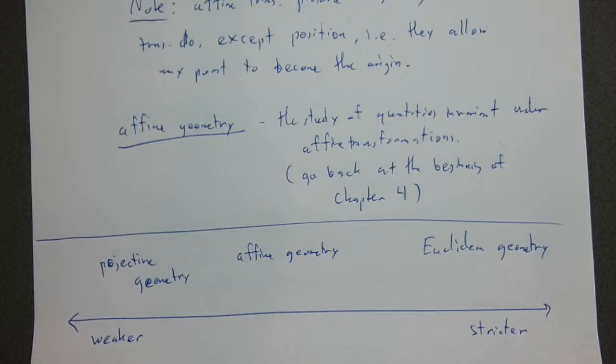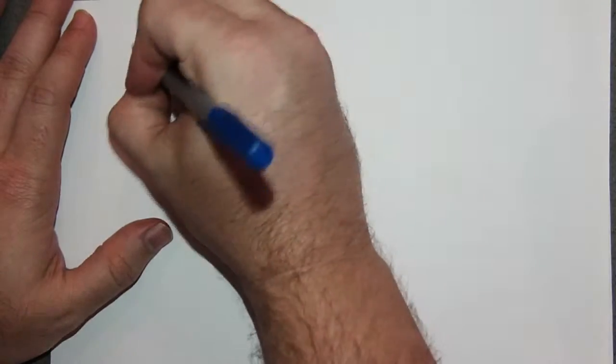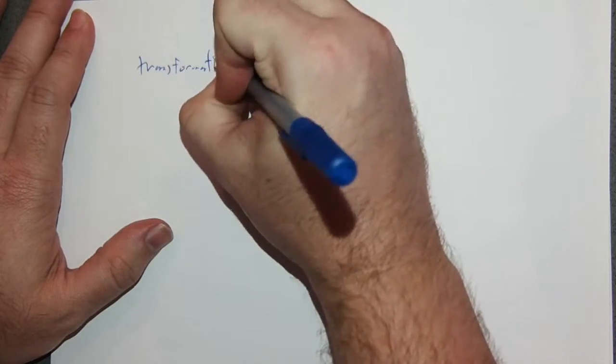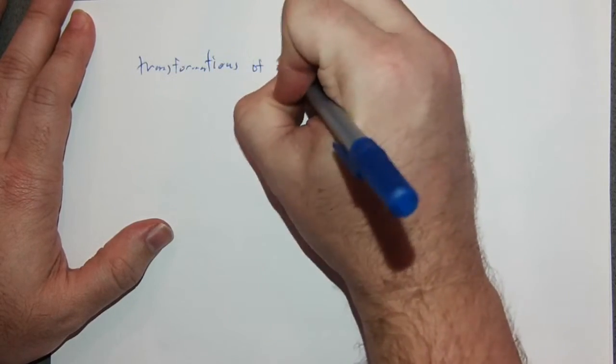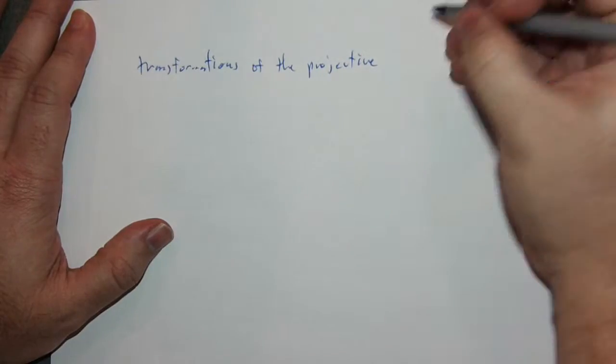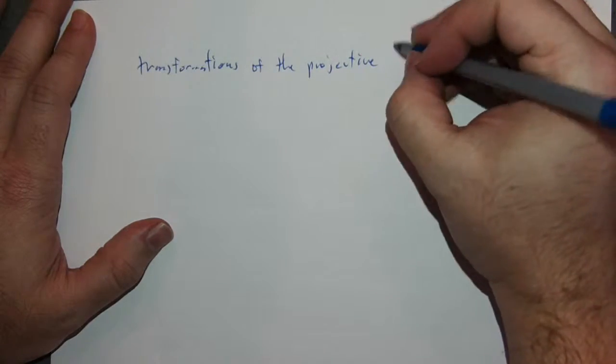Okay, so moving on then, I want to return to our discussion of transformations of the projective line. So of course you can think about this as transformations of RP1.